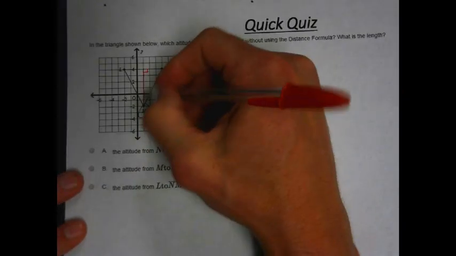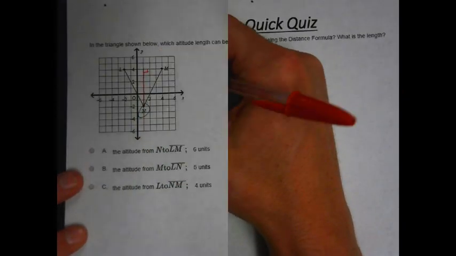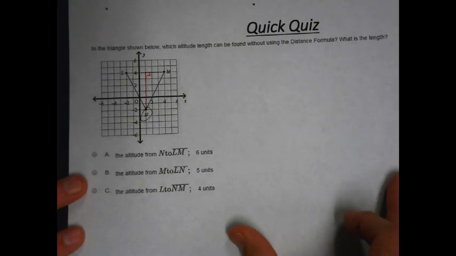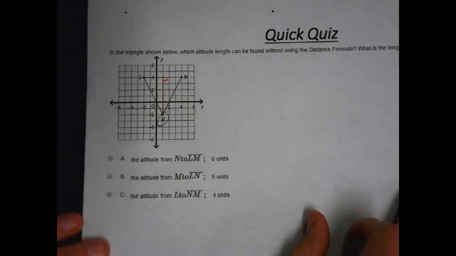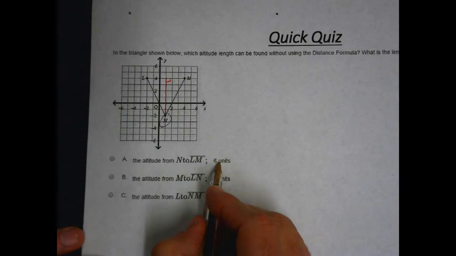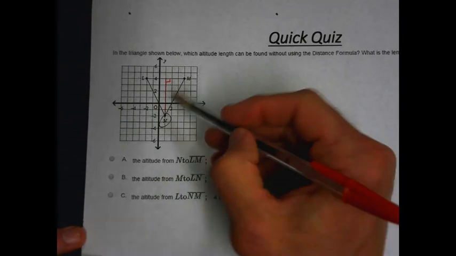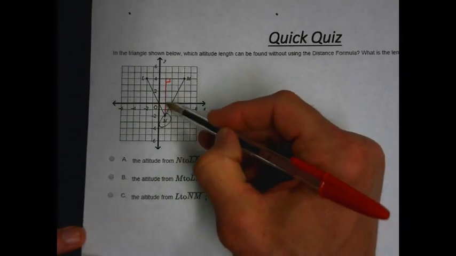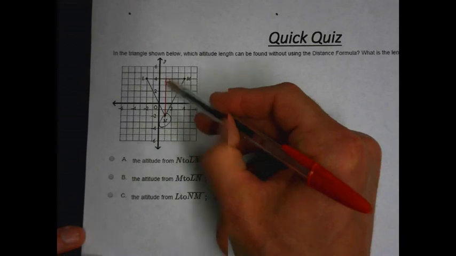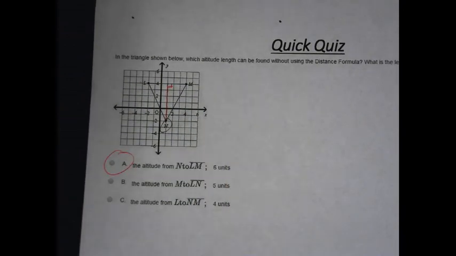LM is horizontal. N is on a vertical line from there. So guess what? We have just found an altitude without using the distance formula. But then it says 6 units. Are we sure the altitude is 6 units? Let's count. 1, 2, 3, 4, 5. Winner, winner, chicken dinner. Boom! Choice A.